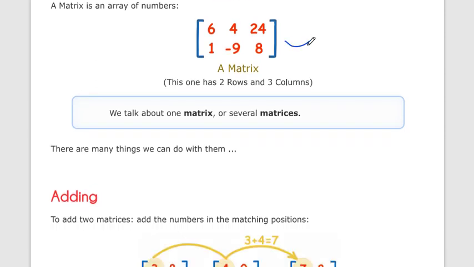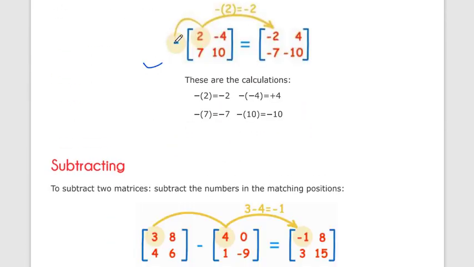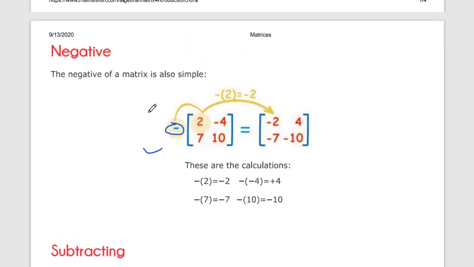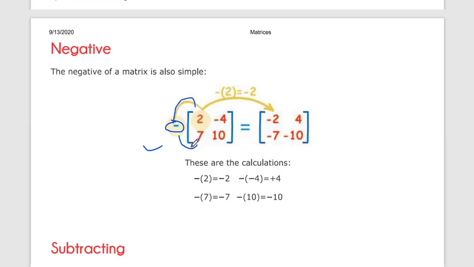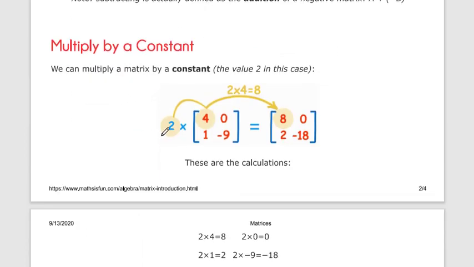Okay, so matrix addition you all know. Negation: if a negative sign is outside the bracket, then we apply the negation sign to all the elements. Subtraction, multiplying by a constant: all the elements will be multiplied with the scalar quantity or constant.